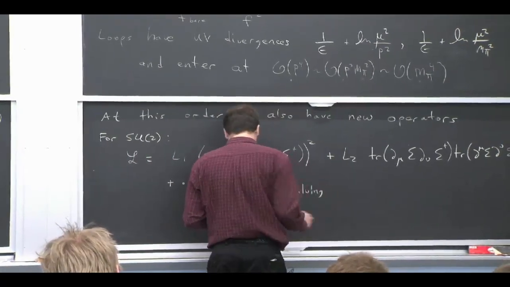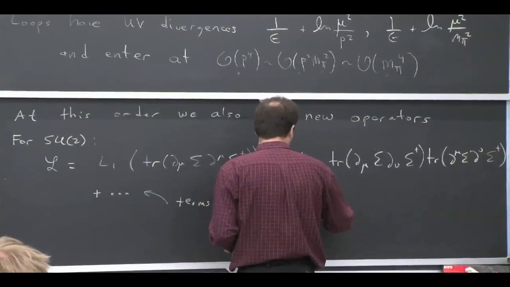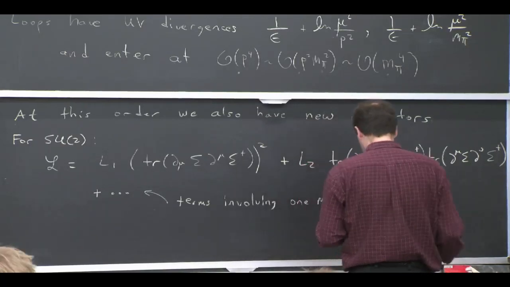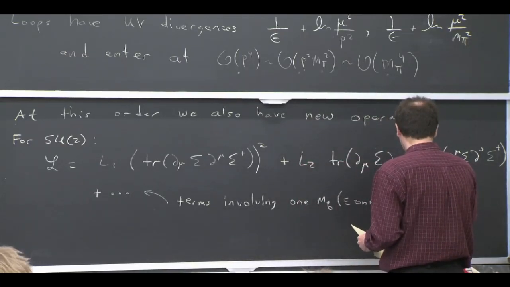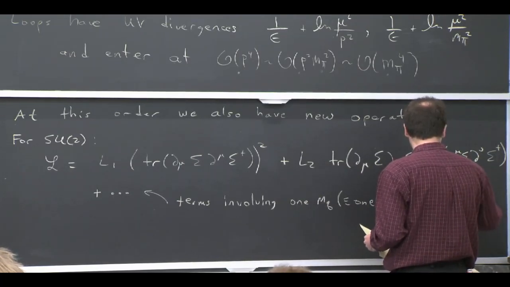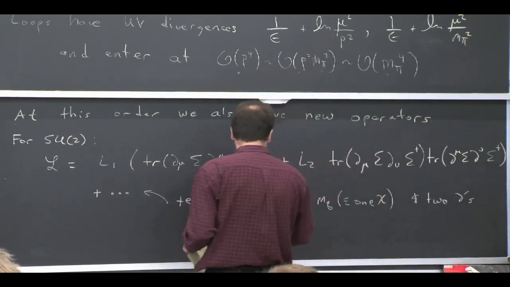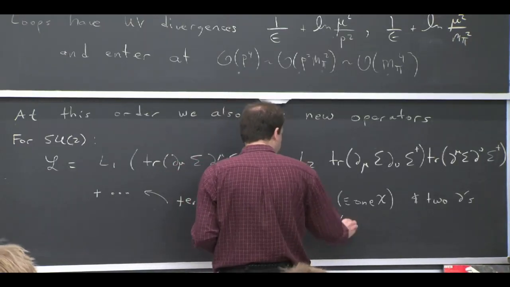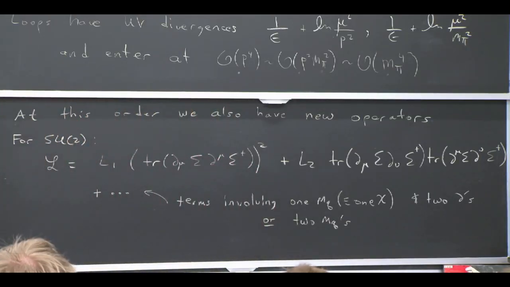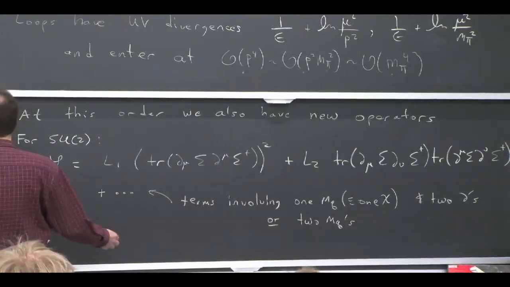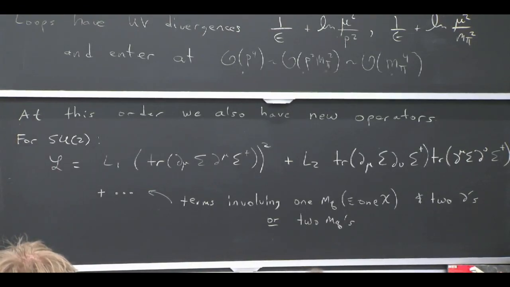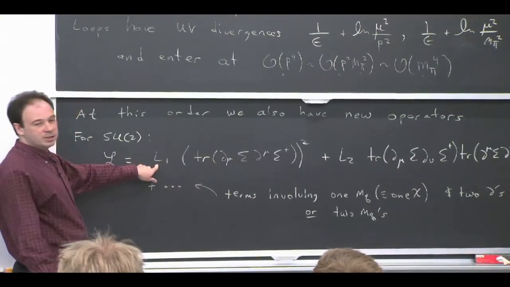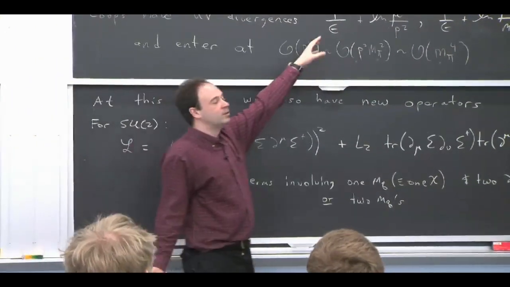These additional terms you can build from one MQ, which means one of these chi fields or chi objects, and 2 partials. That's one possibility. Or 2 MQs, because each MQ counts like 2 derivatives. So there's some other terms that we could build that are analogs of this term. You could square that term, for example. That would be a possible higher order term. And so these coefficients of this Lagrangian are what we need to cancel off the divergences.